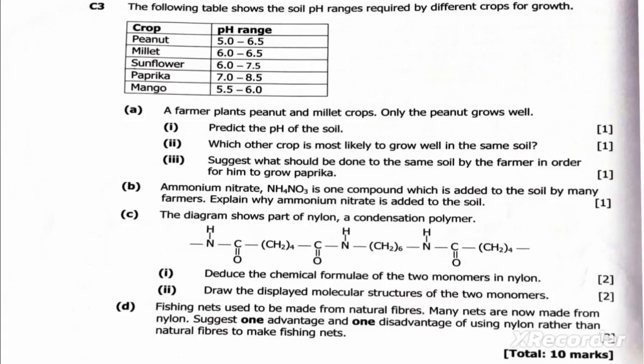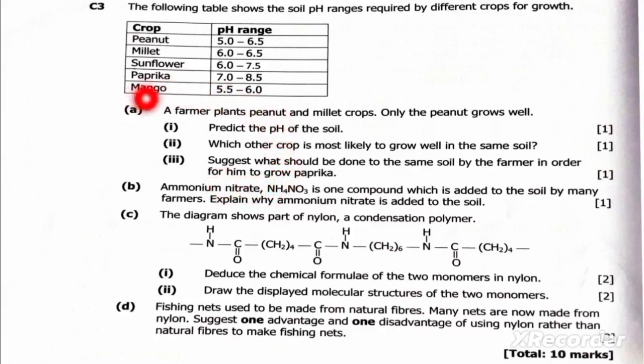We are done with this question. Let us move to the next question, which is question A, Roman numeral 2. Which other crop is most likely to grow well in the same soil? We have predicted the pH of the soil is from 5.0 to 5.9.